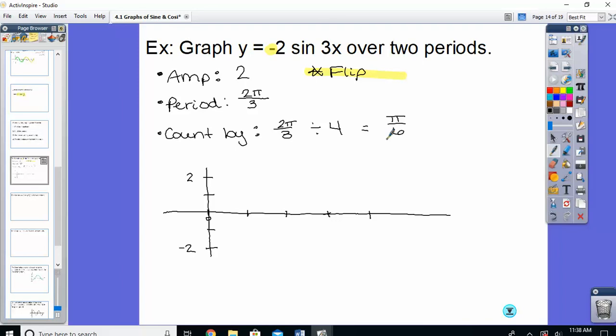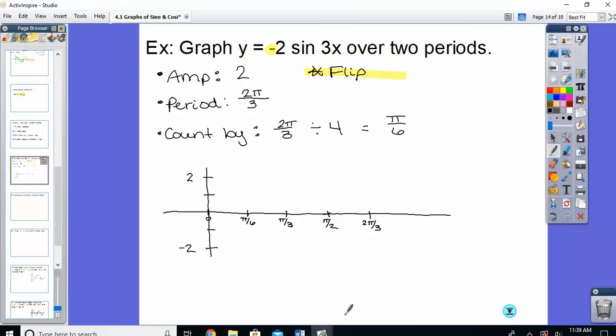So 0 plus pi over 6 is pi over 6. Pi over 6 plus pi over 6 would be 2 pi over 6, or pi over 3. 2 pi over 6 plus pi over 6 is 3 pi over 6, which is pi over 2. 3 pi over 6 plus pi over 6 is 4 pi over 6, which is 2 pi over 3.